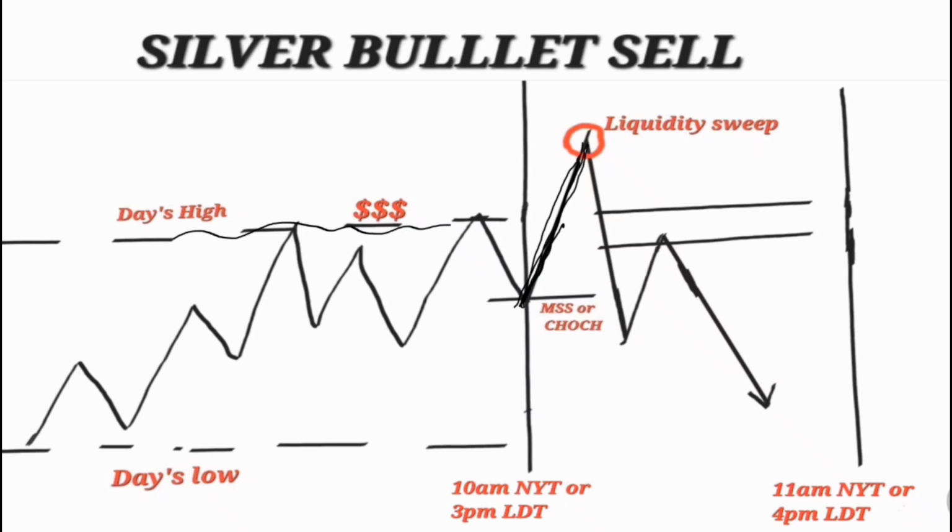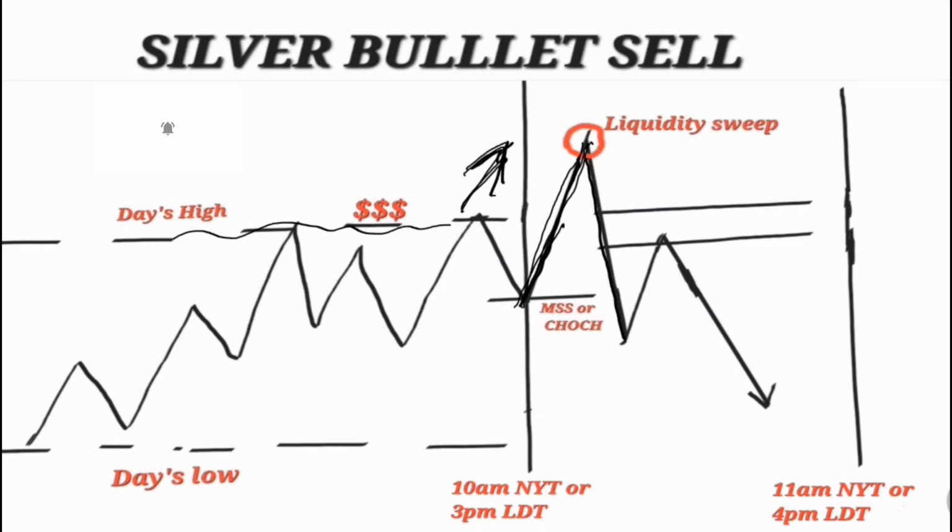Once the liquidity sweep has happened, you look for a displacement in the opposite direction of the liquidity sweep. The liquidity sweep is to the upside, so you wait for the displacement to the downside. The opposite direction to the liquidity sweep is the sell direction.